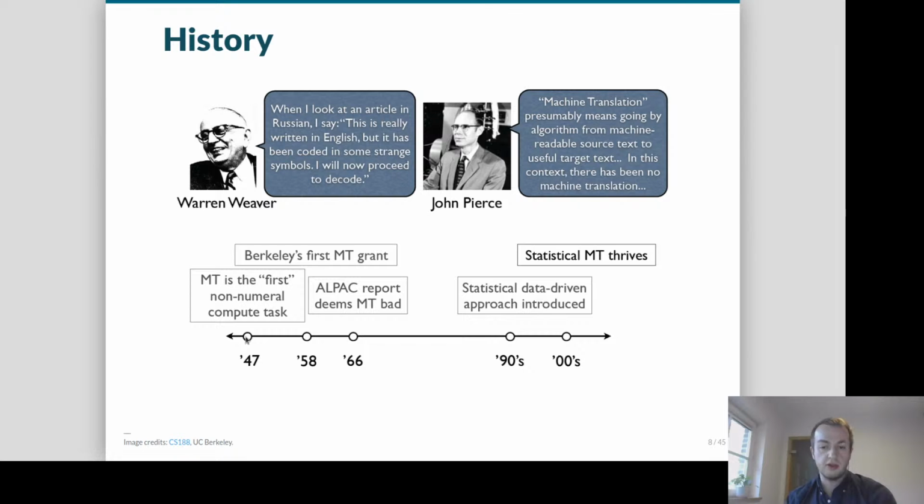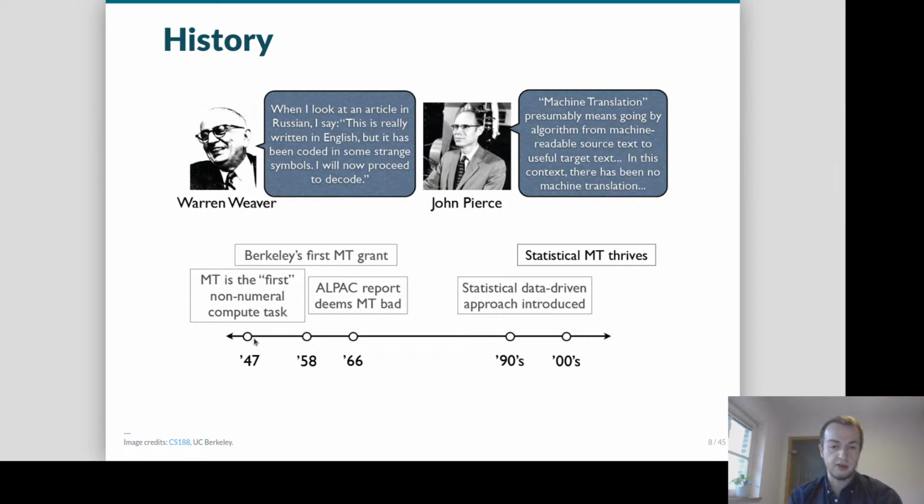And since then, of course, we have had much improvement, but it took some time. For 20 years, from the late 40s to the mid 60s, there was a first attempt at trying to solve this task with computers, but at that time none of these attempts really managed to reach satisfactory performance.